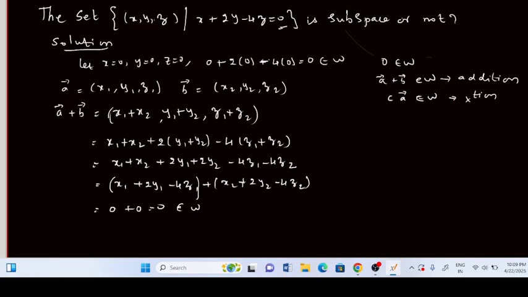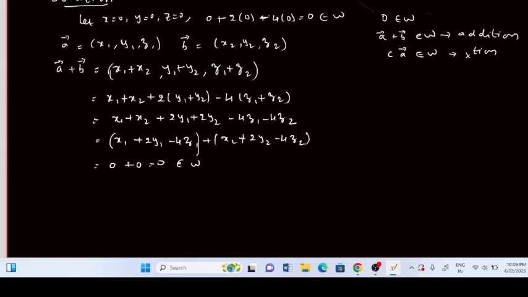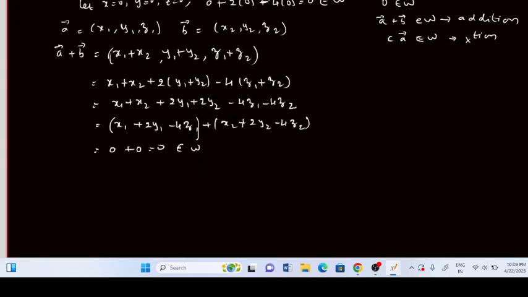Now we must find out the third one, scalar multiplication. What we must do is a scalar value C is multiplied with a vector. So C of x1, y1, z1, if we multiply we can write it as C times x1, C times y1, C times z1.